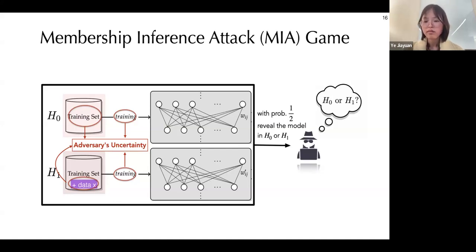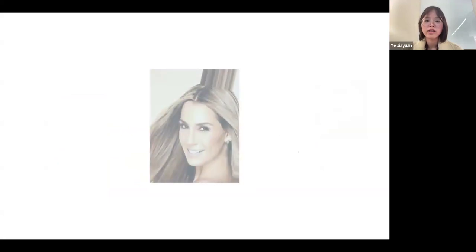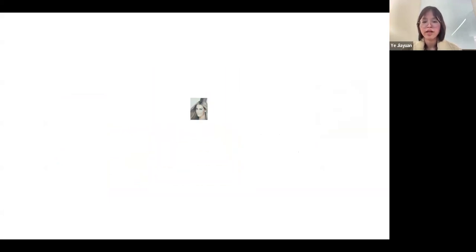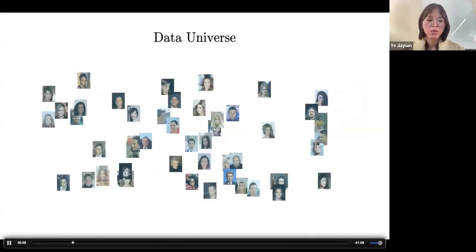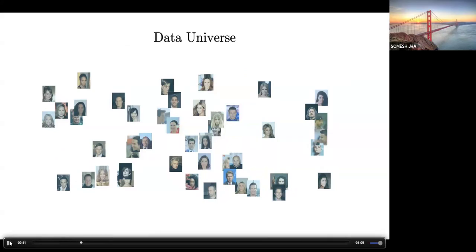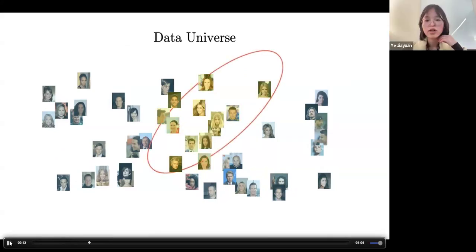In this animation, we will see a little bit about how this membership inference success can be measured. Here is a data domain that is used for training the model, and a small subset of it is selected for training the model.